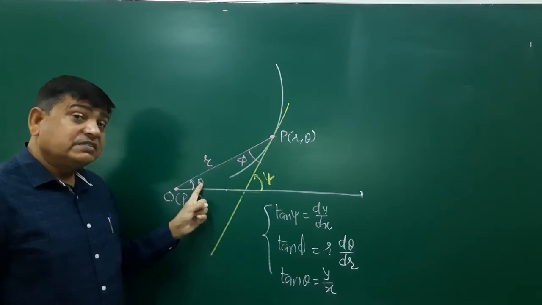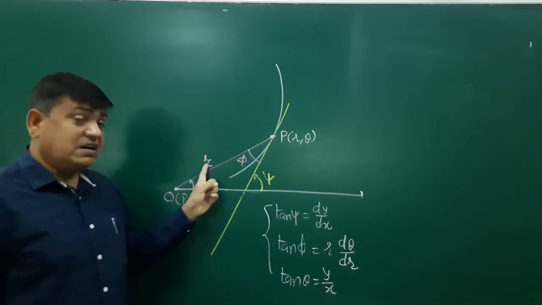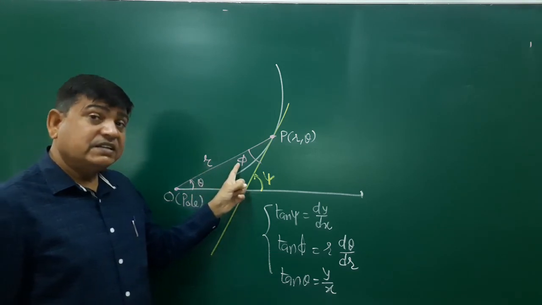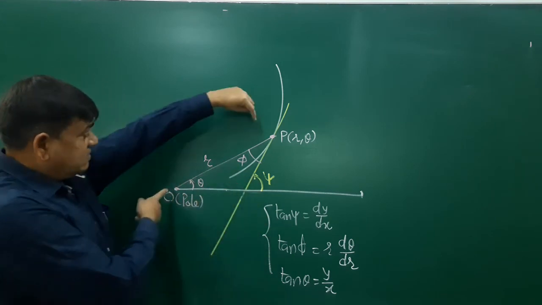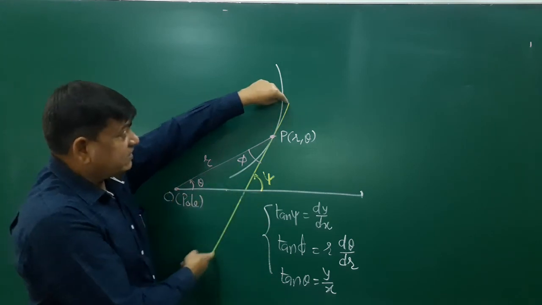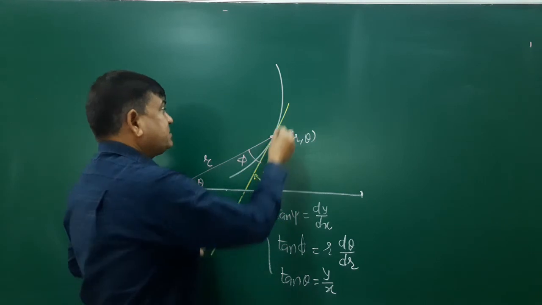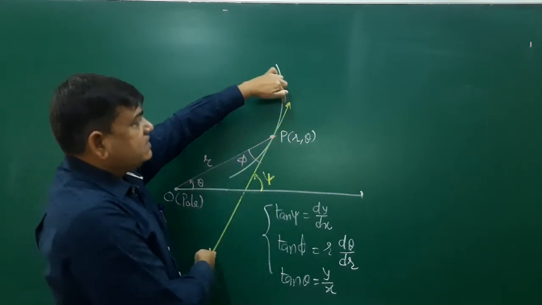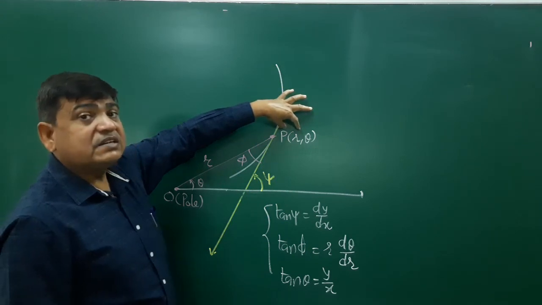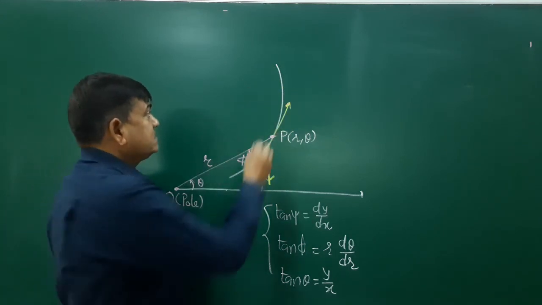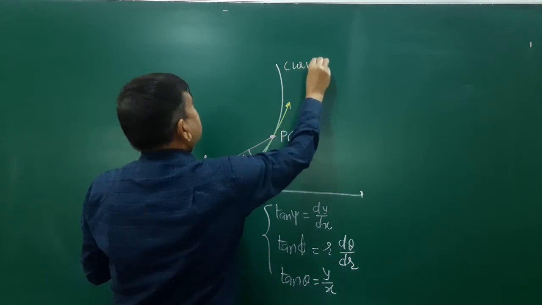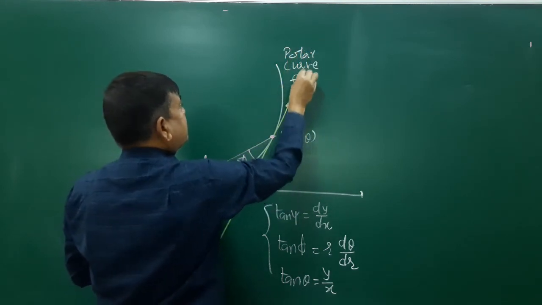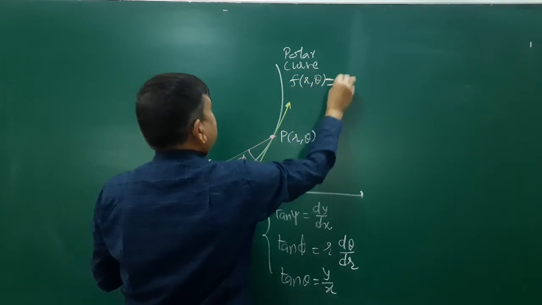Theta is the vector angle, r is the radius vector, phi is the angle between the radius vector and the tangent. This is the tangent. This tangent is at point P, that is r theta, and this is the curve, that is a polar curve. The equation is in terms of r and theta.